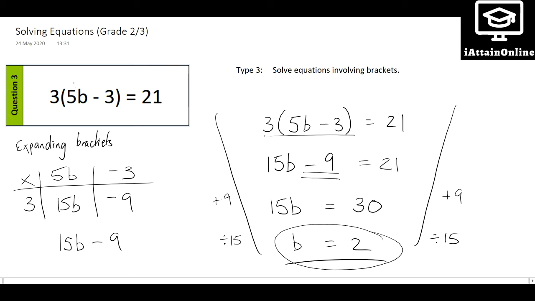So 5 times 2 is 10. 10 take away 3, and then we multiply that bit by 3. So this bit here would mean 3 times 7, which is 21, and that one works.